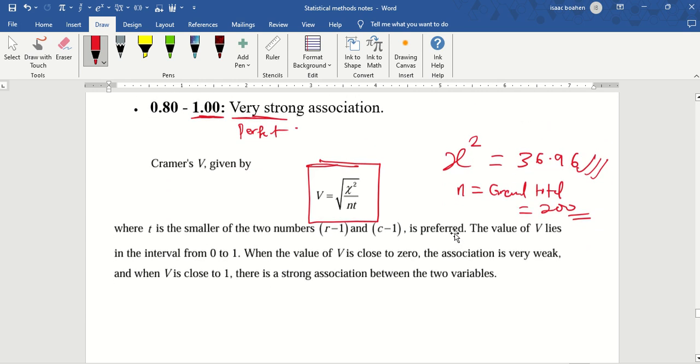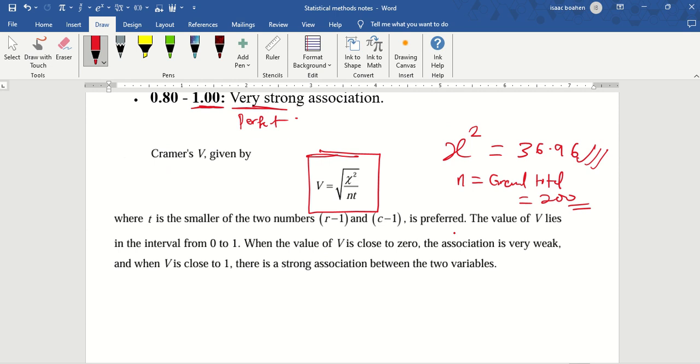So that is it. Then, what is the t? The t is the smaller of the two numbers r minus 1 and c minus 1. Now remember that our contingency table is r by c, where the number of rows in our table was 2 and the number of columns was 5. So let's find r minus 1. R minus 1 gives 2 minus 1, which is 1.